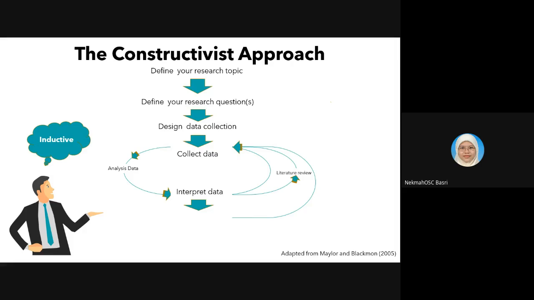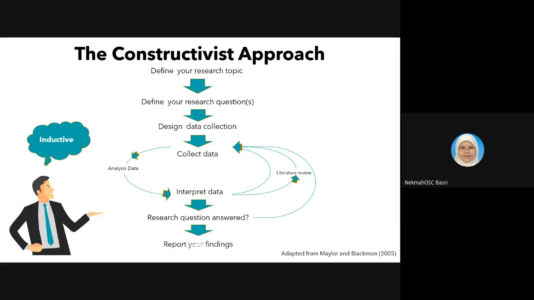During the analysis, maybe they have new findings that we have to relate to our literature review, and then after that we interpret the data, and finally do the interview session to see whether this research question is being answered.